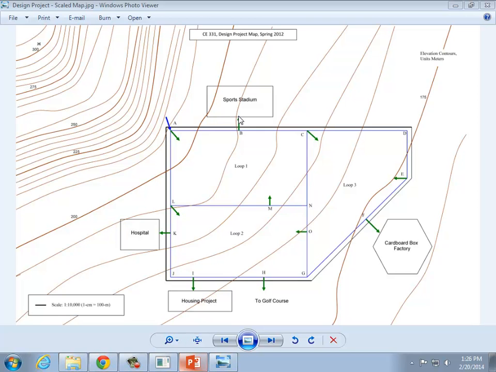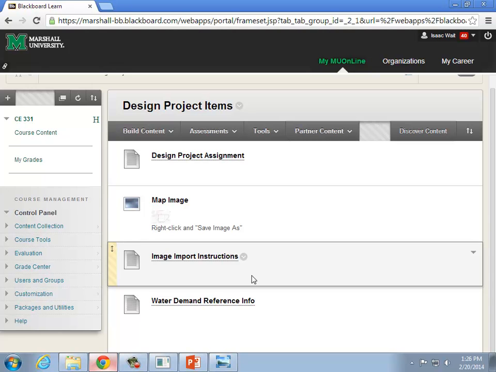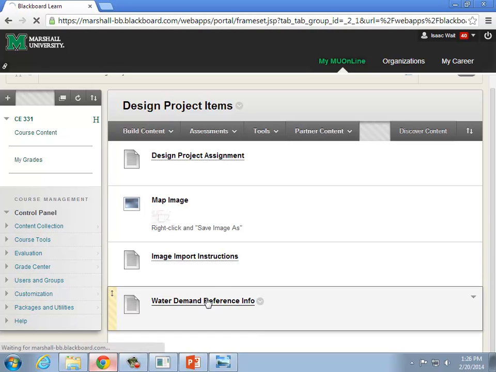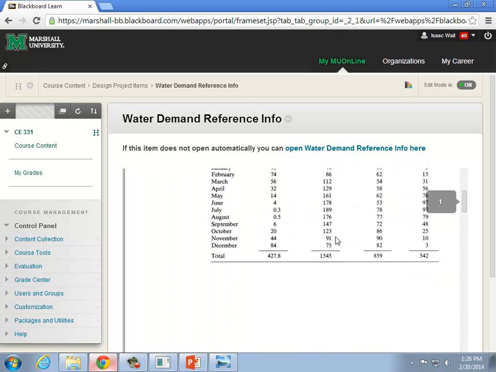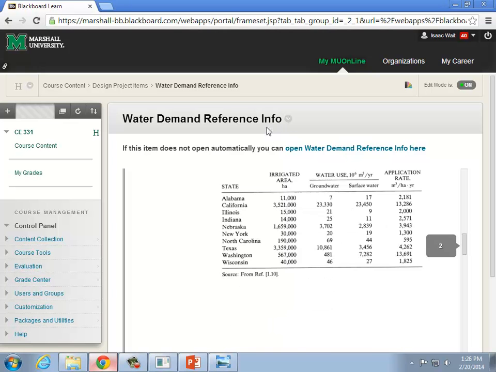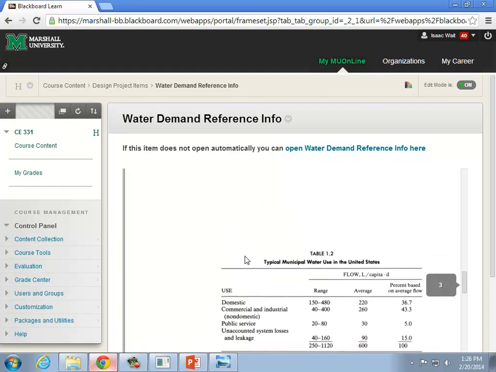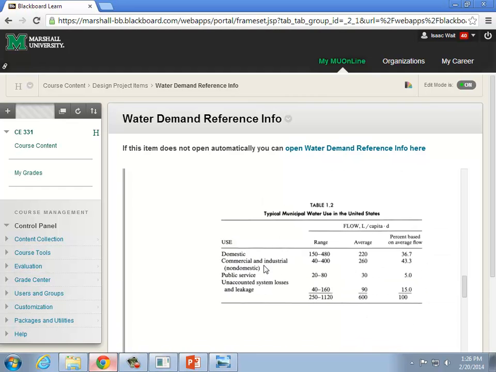The first phase of this project is demand estimation. You're going to use both the references that I've provided and your own assumptions and information you find online to determine how much water is required. In the reference information that's available, you can see how much water is used for irrigation in different places, industrial uses for commercial areas, and how many liters per second per person there is in a commercial area.